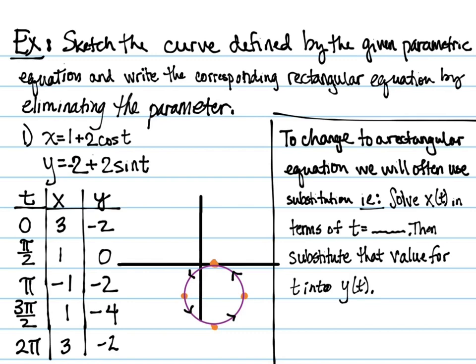But do you see that here that would not be especially friendly? If I wanted to solve for t in these equations, I'm going to have to do a little subtraction, but then I'm going to have to use arc sine and arc cosine, or the inverse sine and the inverse cosine, and that's not especially pretty. So it's not a very good idea if we're dealing with trig functions, okay? If we're dealing with other functions, it works really well. But for trig functions, there's something else we're going to try.